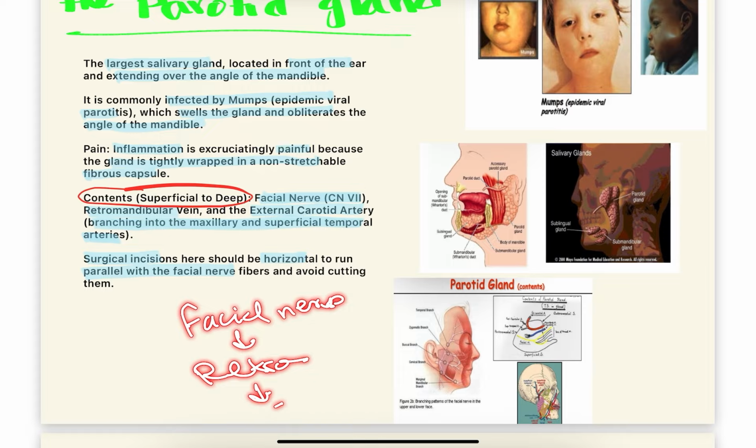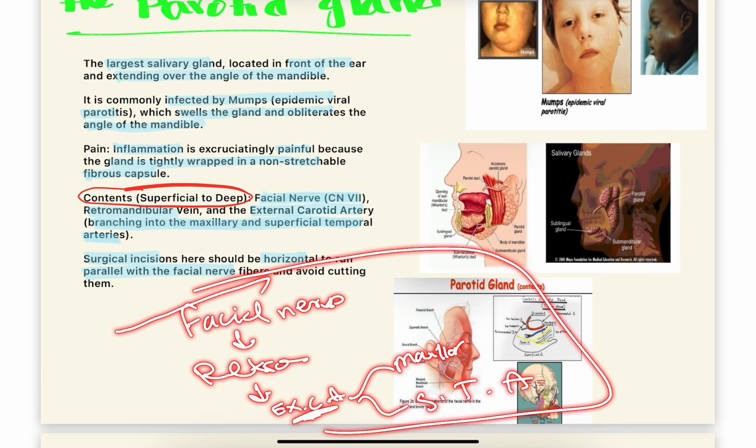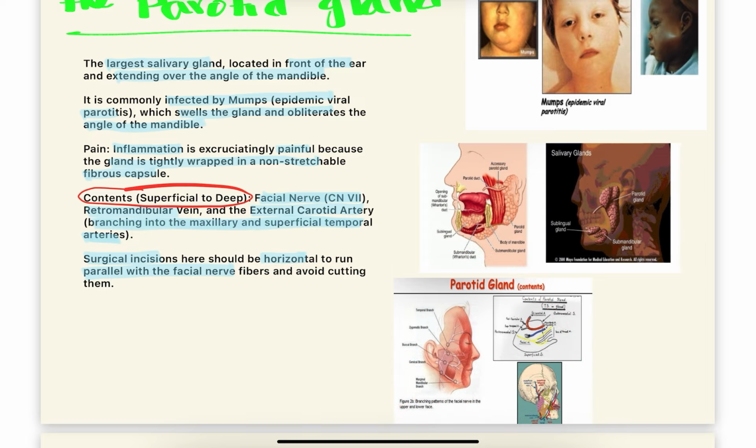And then I have the external carotid artery. And this external carotid artery will give me two branches, which are the deepest ones. It will give me the maxillary, and it will give me the superficial temporal artery. If you memorize it in this way, everything will be good.